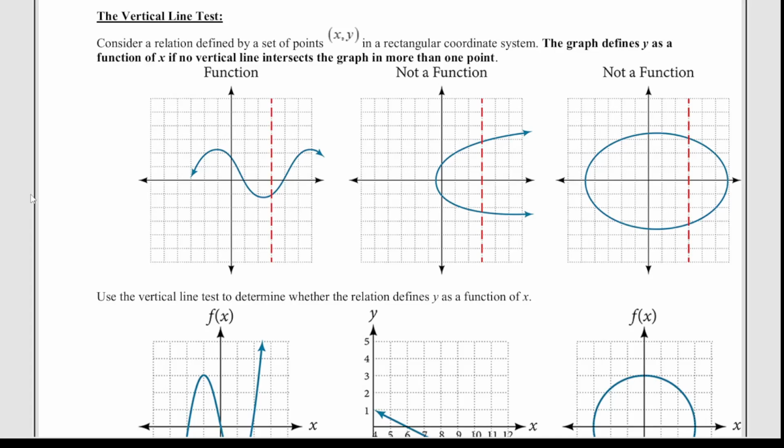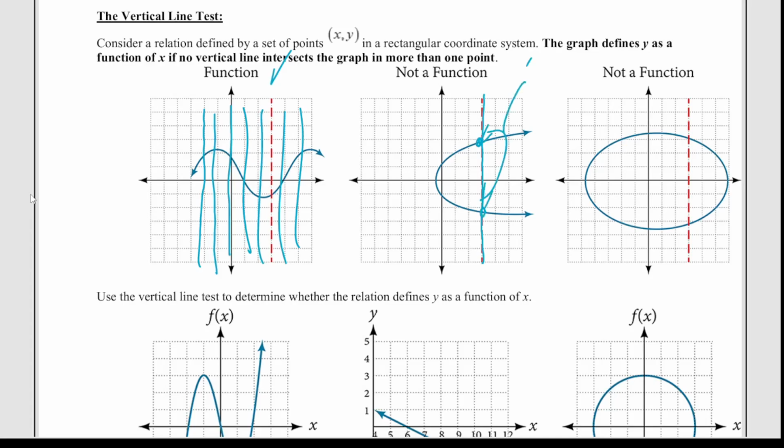What you can do more quickly is the vertical line test, where you envision drawing a vertical line absolutely everywhere on the graph: would it cross the function only once? If the answer is yes, great, it's a function. If the answer is no, where we cross twice for one of the x values, and as long as that's true for one x value, we're already in trouble, then it's not a function.